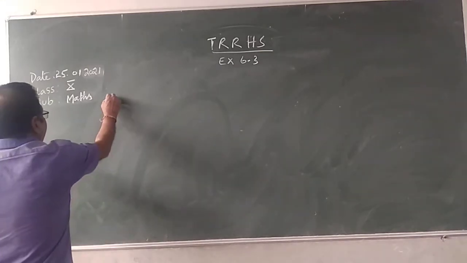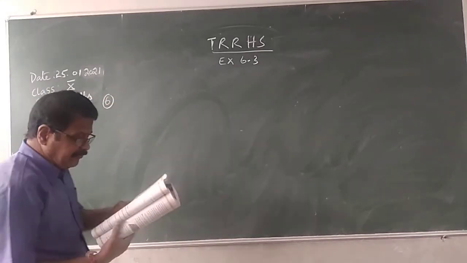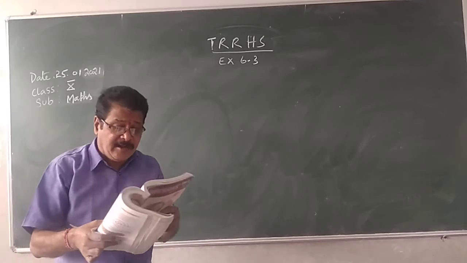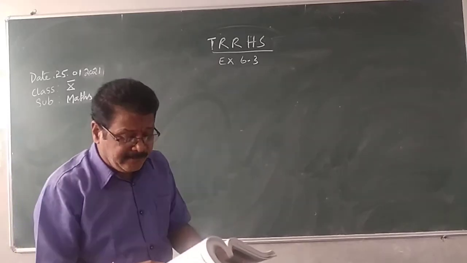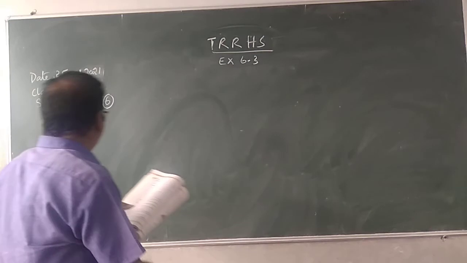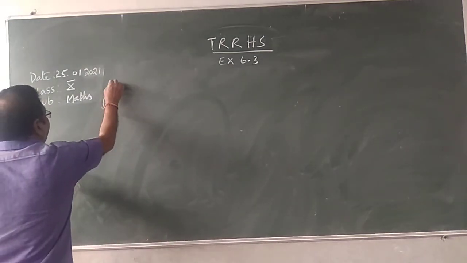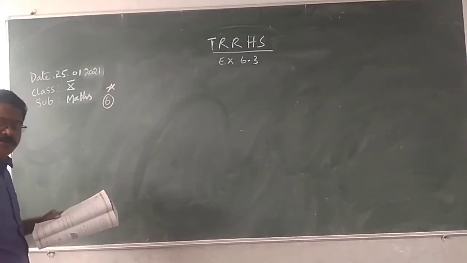If the sum of the first 7 terms of an AP is 49 and of 17 terms is 289, find the sum of the first 10 terms. This is the most important problem. The sixth problem is a very important problem.